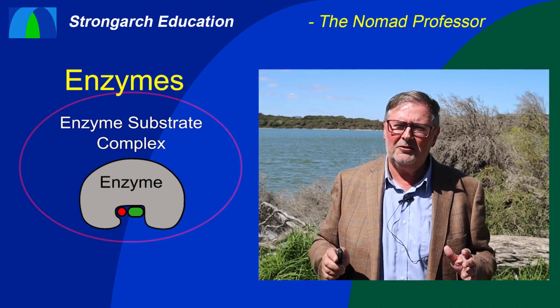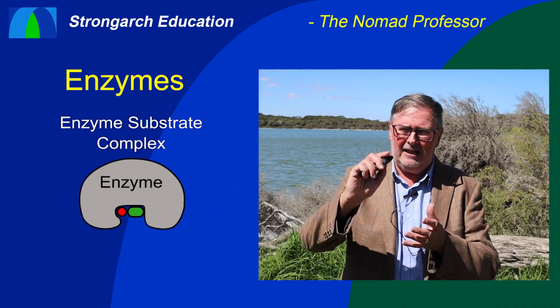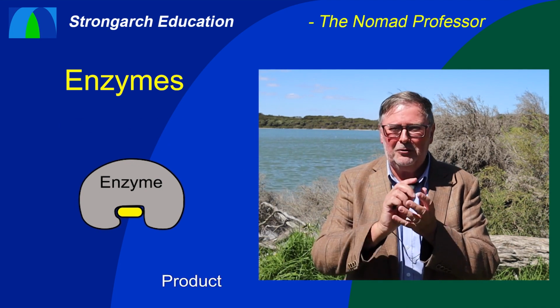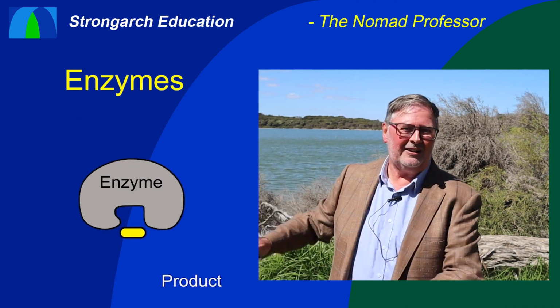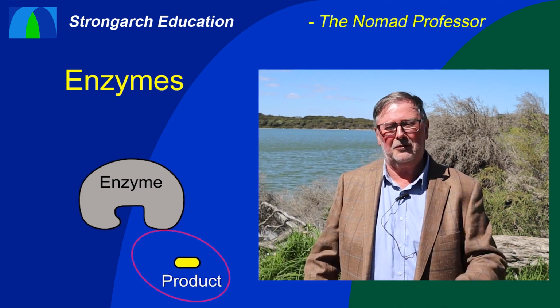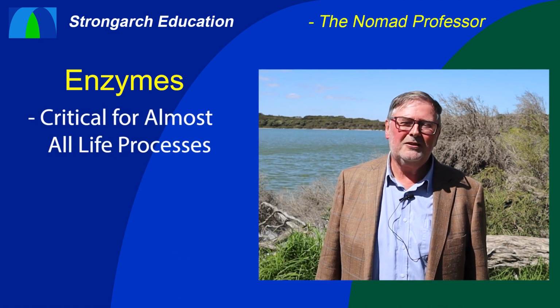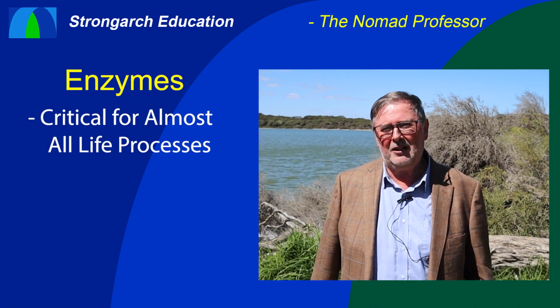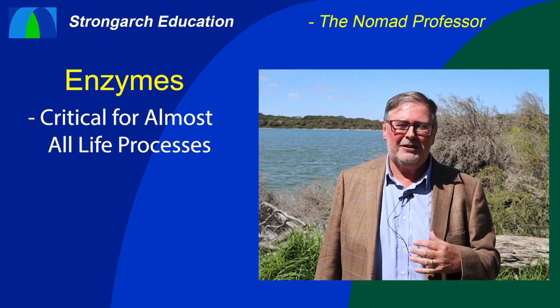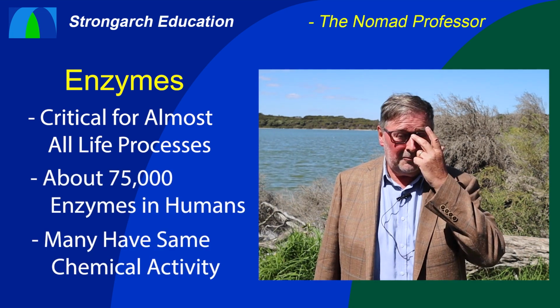They form this enzyme substrate complex, and the enzyme massages the molecules that it's working on, and it spits out product. It spits out the result of the chemical reaction. Enzymes are critical for pretty much all life processes, and in the human body there are around 75,000 separate enzymes.